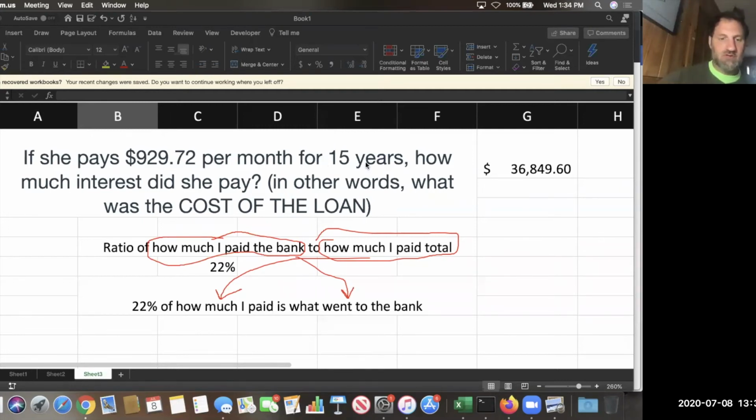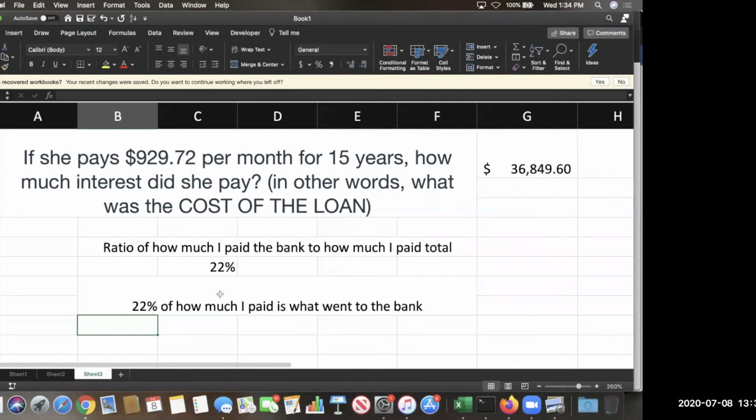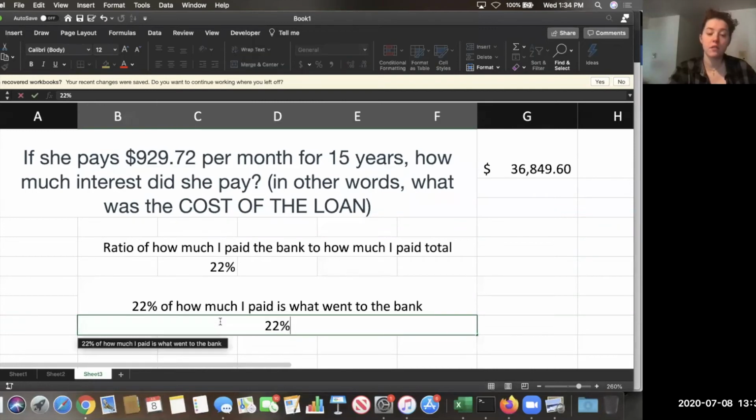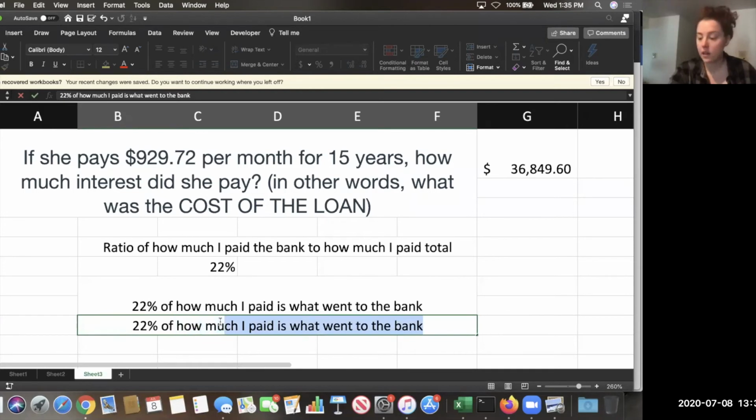So for instance, you could also say, somebody else have a different way of saying it? Emily, what did you just say? 22% of how much you paid for the total house is what you paid to the bank.